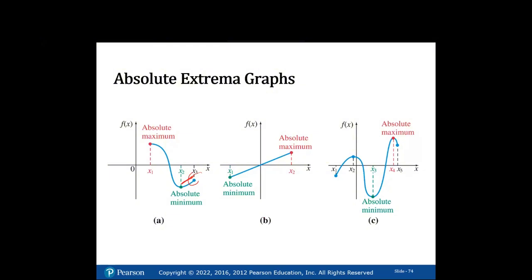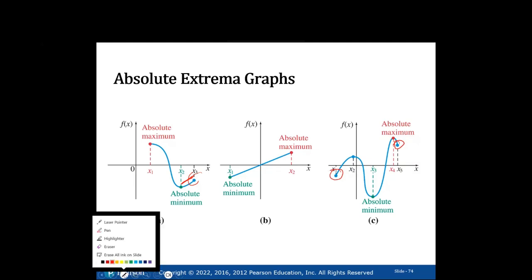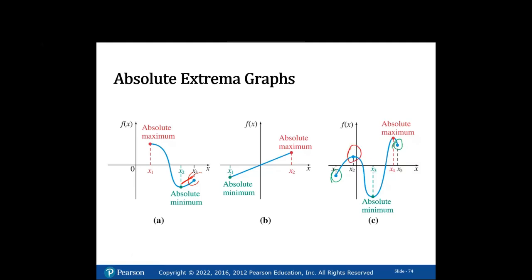On C, again, there are other mins and maxes, but they're not absolute. So here x5 is a min, x1 is a min, and x2 is a max. I'll color code these things, with green for mins. We have a min here and a min here, but they're local mins, and then a local max here.